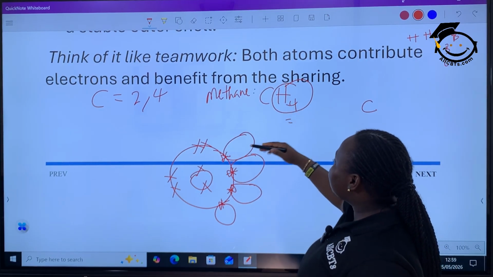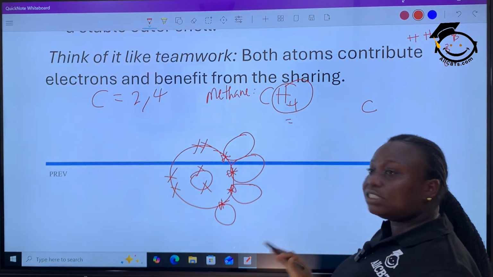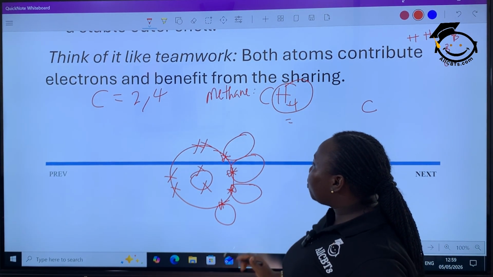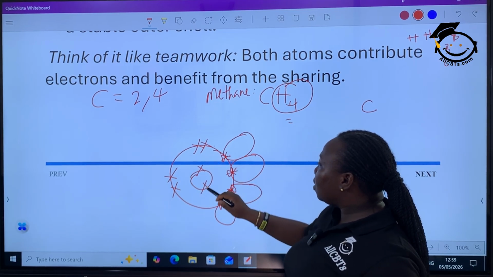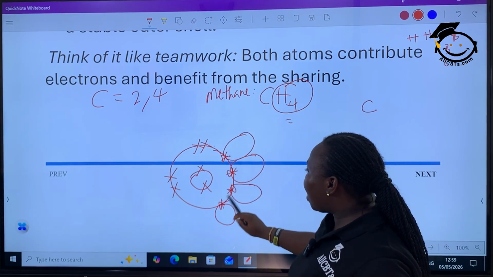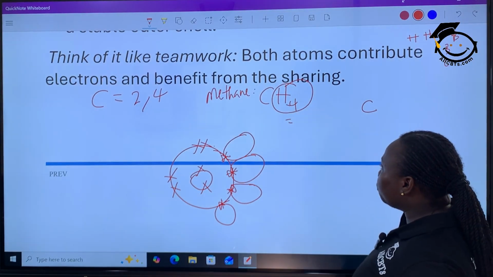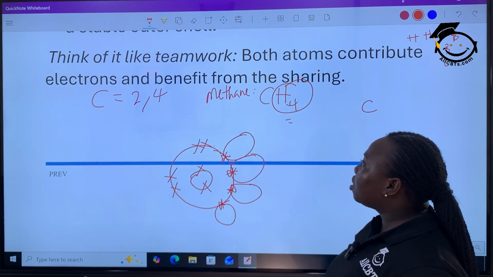Now, after the hydrogens have shared, you will notice that the carbon has obtained the stable configuration. Why? Because if you count 1, 2, 3, 4, 5, 6, 7, 8, it is now 8. So it is now stable. This is what happens in covalent bonding.